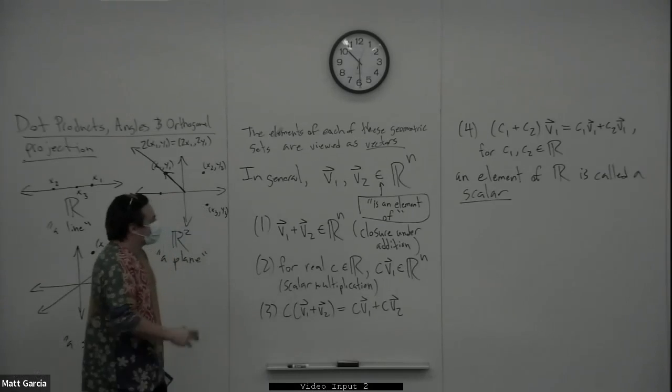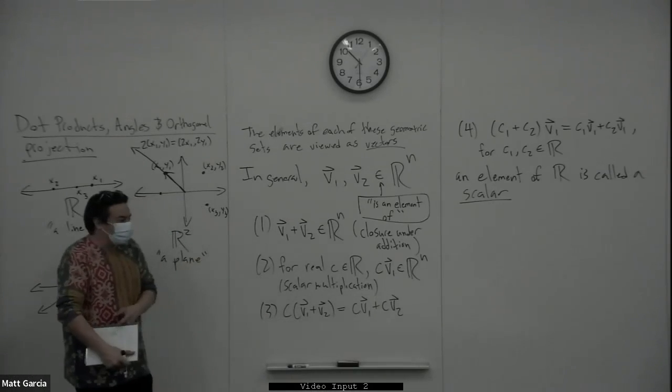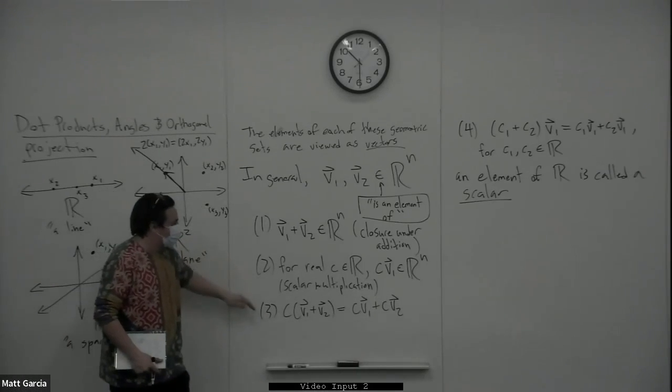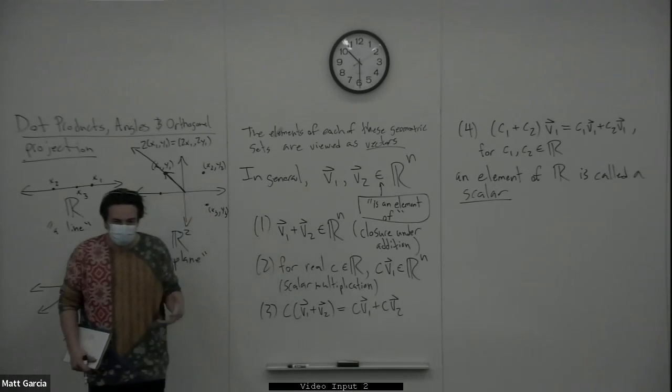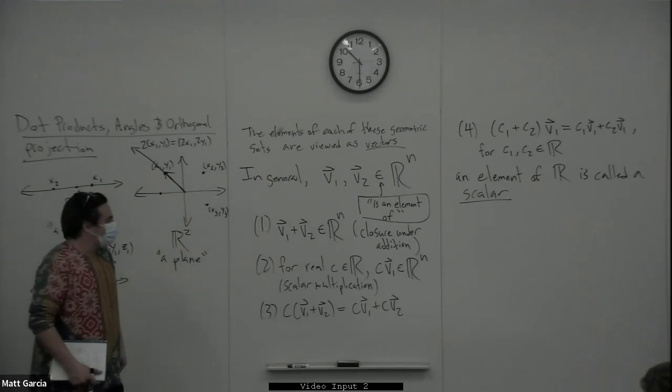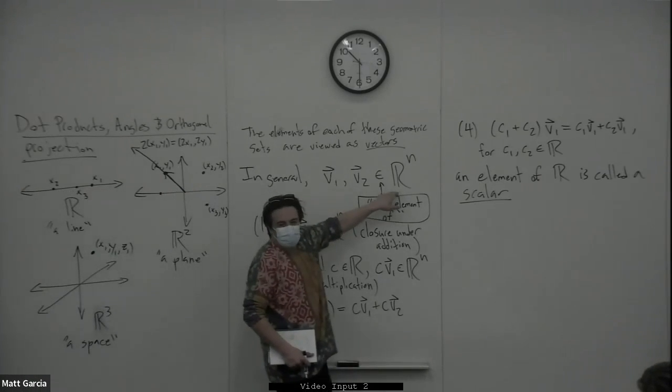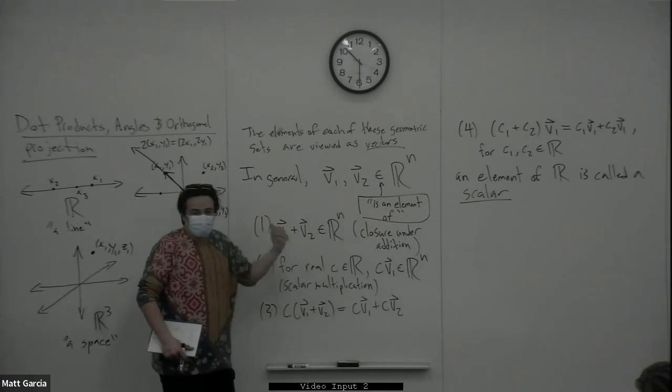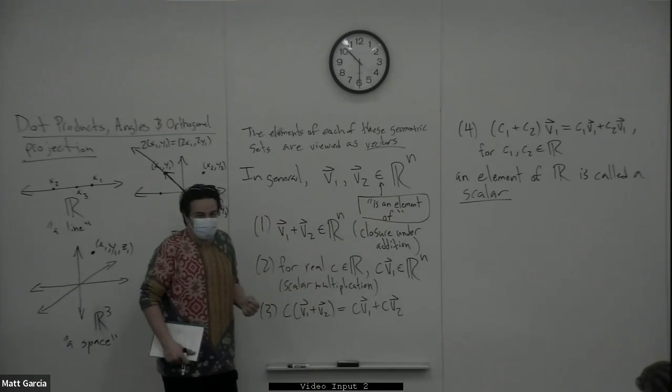Right. So it so happens that anything that satisfies properties 1 through 4 here, any set that satisfies these properties, doesn't have to be Rn. That's a vector space. Okay.